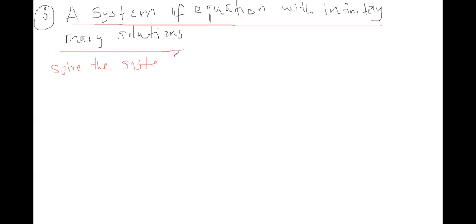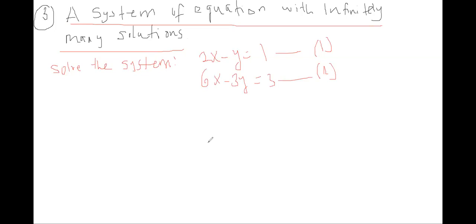We have this system given to us: 2x minus y equals 1. This is a linear equation, so we call it linear equation 1. Another equation is 6x minus 3y equals 3, which is also a linear equation. So they asked us to solve this.